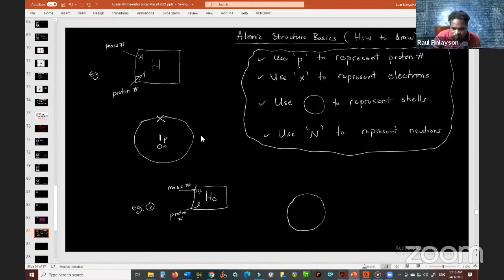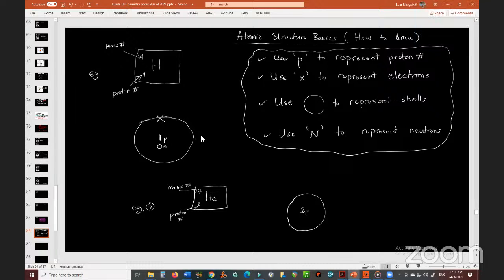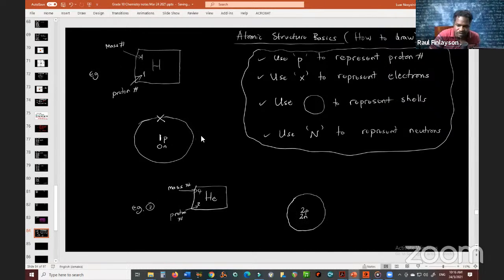It's going to have 2 protons, so we put 2p. And 2 plus something gives us the 4. What number is that? 2, sir. So the 2 would be the neutrons, and then we put 2 x's, and we get the structure for helium.